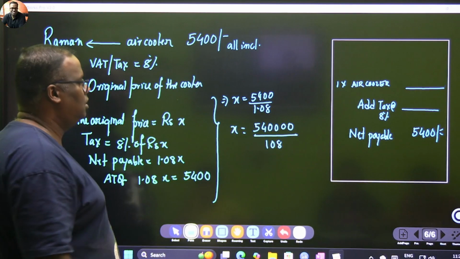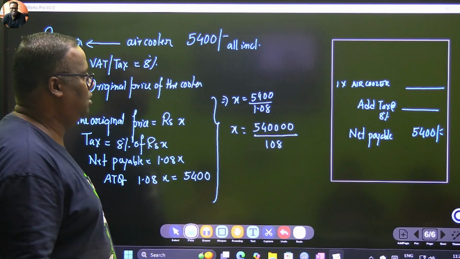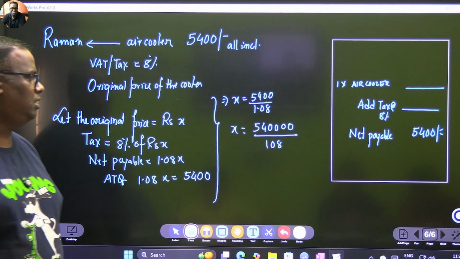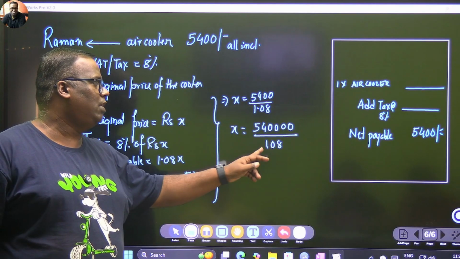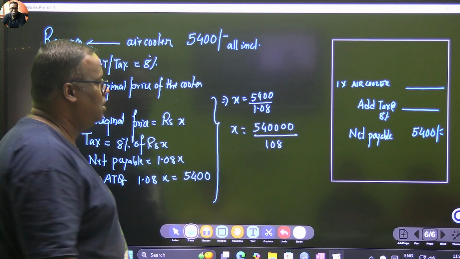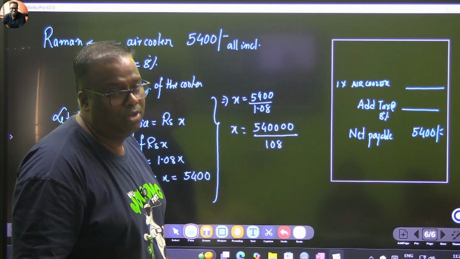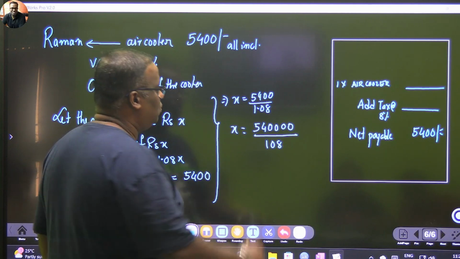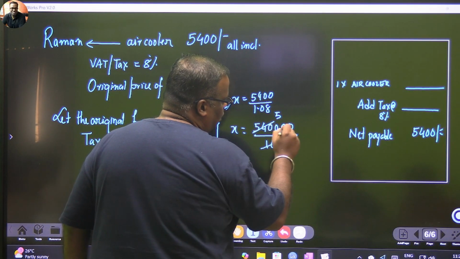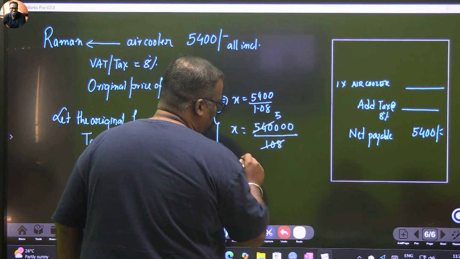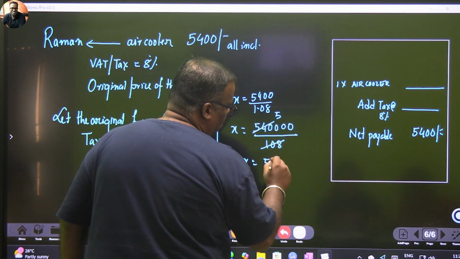Now start doing 108. 108 multiplied by 5 will give you 540. So 540 cancels 108 with 5, and 3 more zeros are remaining. Therefore, x is equal to 5,000.